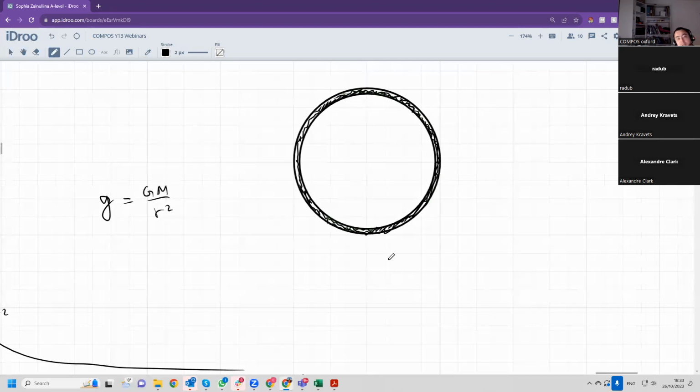Okay, hollow shell. It turns out, and I won't do the maths, that if you are inside the hollow sphere, let's look at this part. This part pulls you this way, but this part pulls you that way. Even though this part is further away from you, there's more mass.